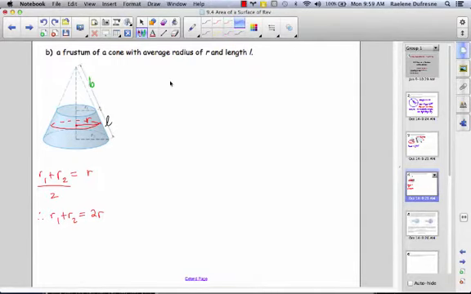So we know that the surface area is going to be the area of the large cone minus the area of the small or missing cone.